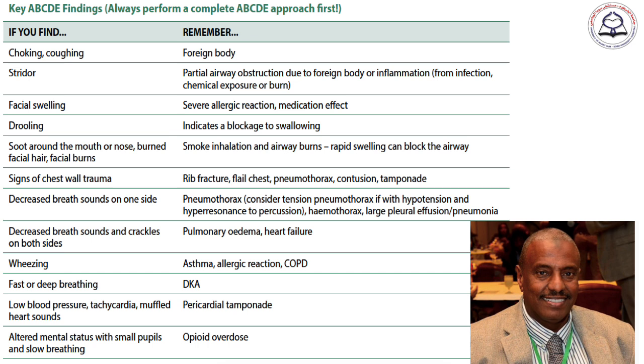Wheezes can happen in allergy, in COPD and asthma. And those with DKA can have tachypnea and Kussmaul breathing, plus they can be dehydrated. Pericardial tamponade can present with shock, plus engorgement of the neck veins. Those with opioid overdose can have altered mental state, plus irregularity in the pupillary size.